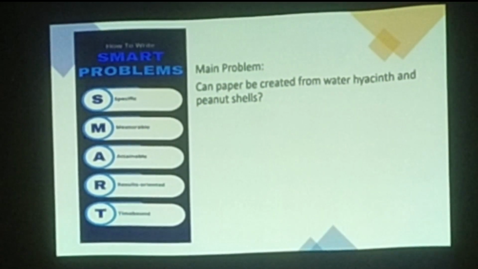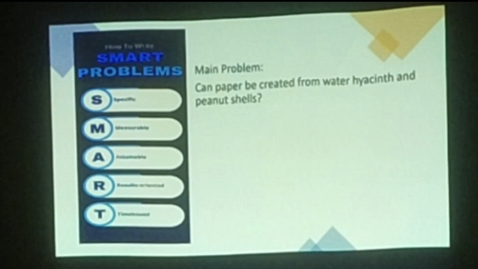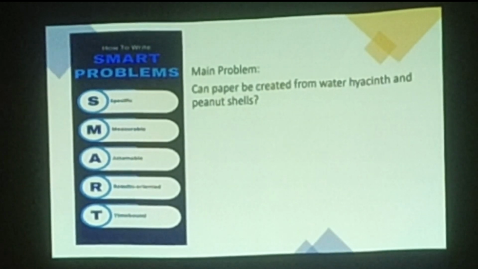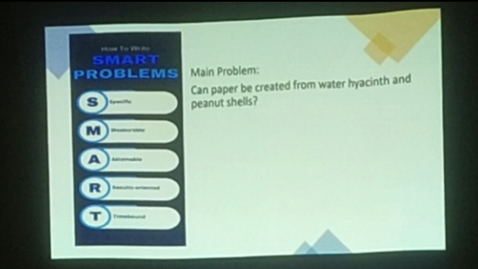Can paper be created? Kung gusto mo mag-create, why not? Kung ayaw, di no. So, it's poorly stated. So it's not specific. It also will not give you definitive answers to address a certain problem.